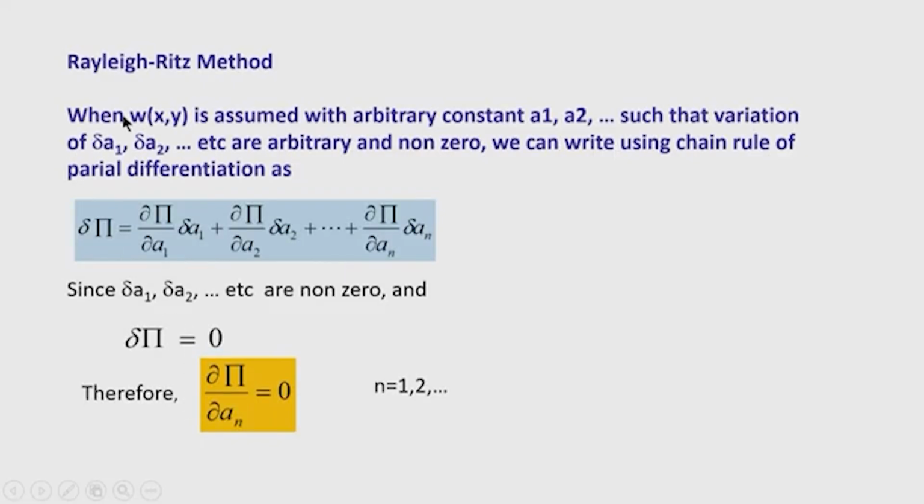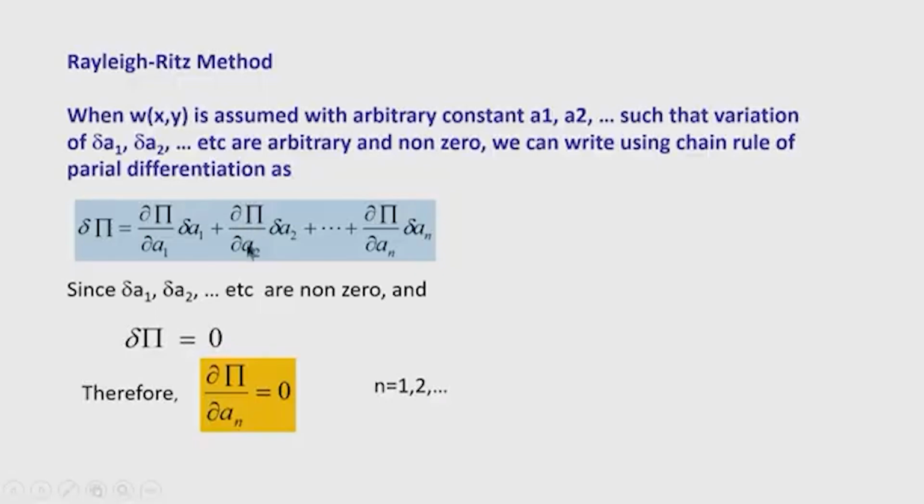Suppose W(x, y) is assumed with arbitrary constants a1, a2 etcetera, such that the variations of a1, a2 etcetera up to an are arbitrary and non-zero.